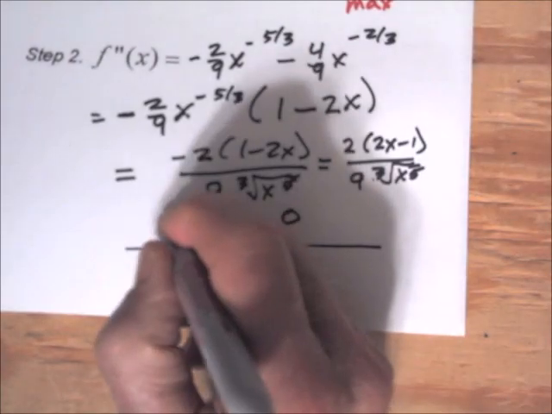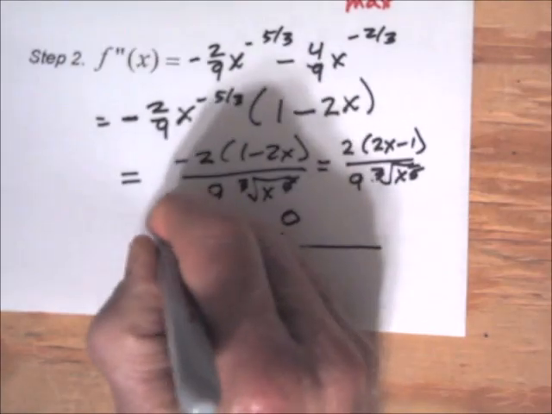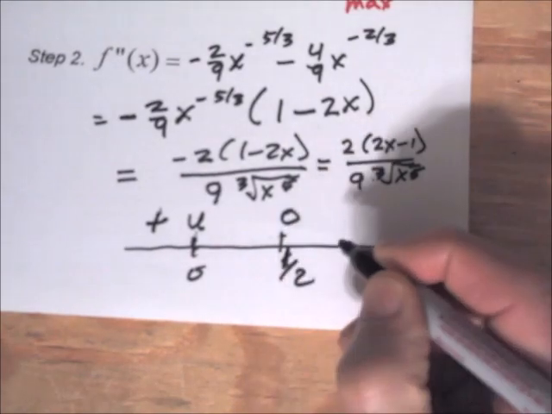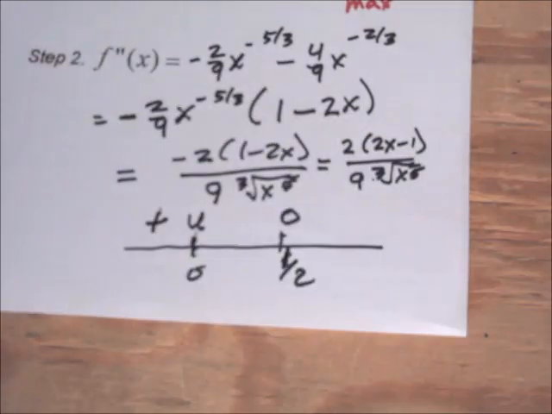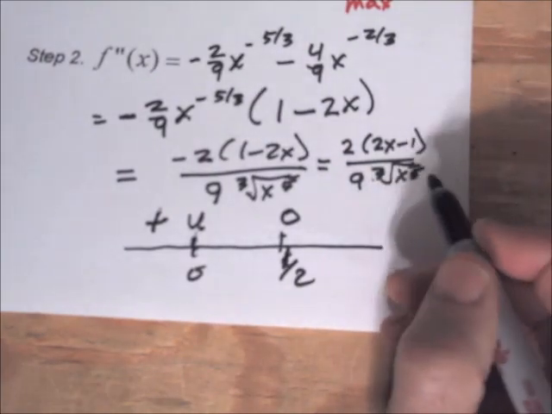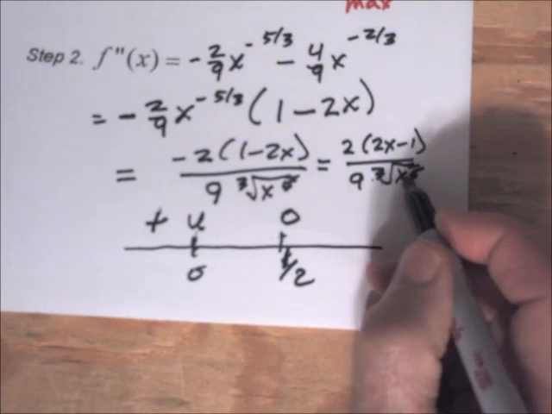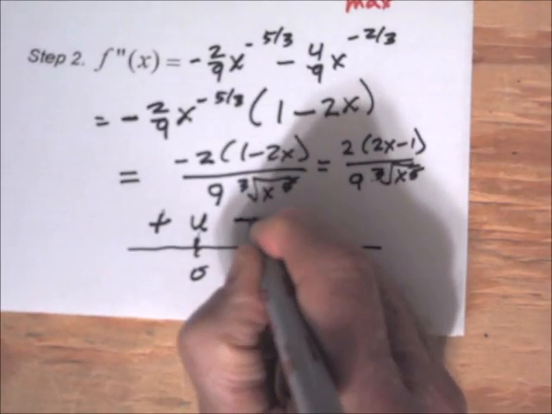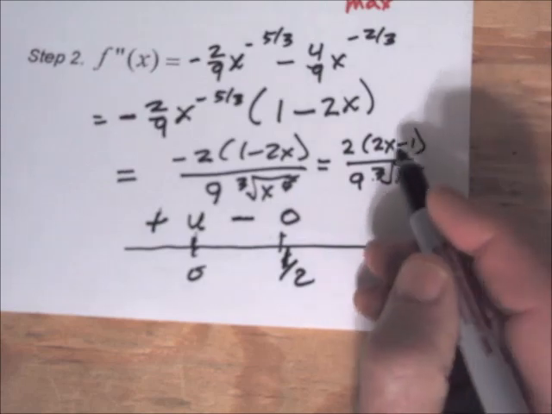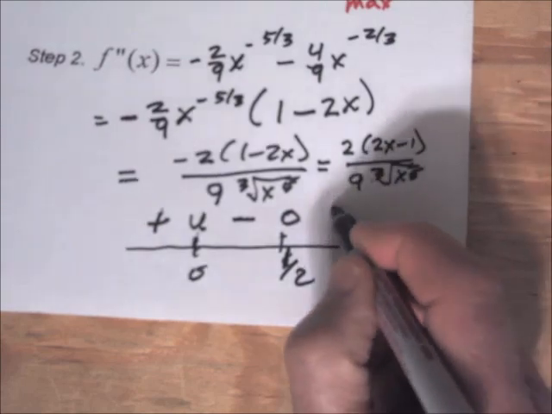So negative divided by negative is positive. If x is between 0 and 1/2, for example, if x is 1/4, 2/4 minus 1 is going to be negative. The denominator will be positive. So this is going to be negative here. If x is more than 1/2, for example, if x is 1, everything is positive.